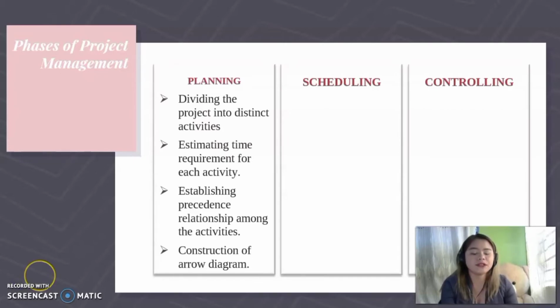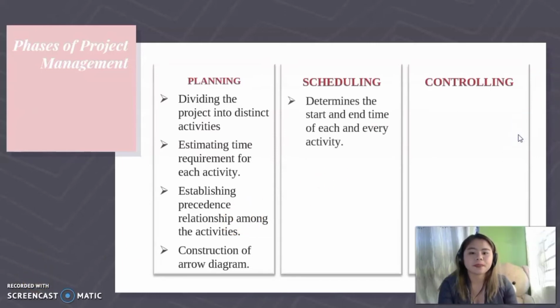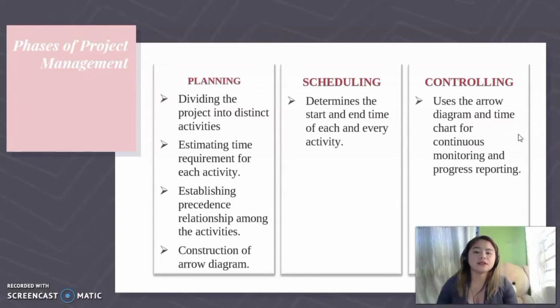So in scheduling, it determines the start and end time of each and every activity, and in controlling, it uses the arrow diagram and time chart for continuous monitoring and progress reporting. So these are the phases of project management.